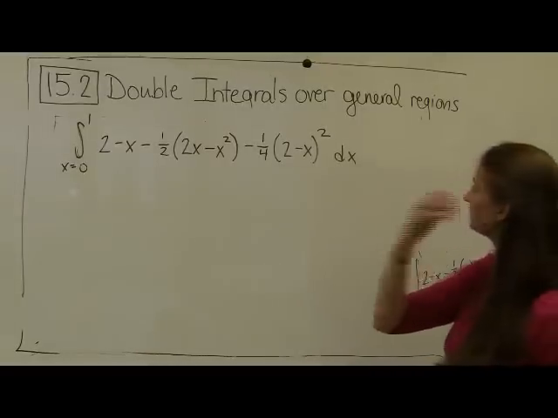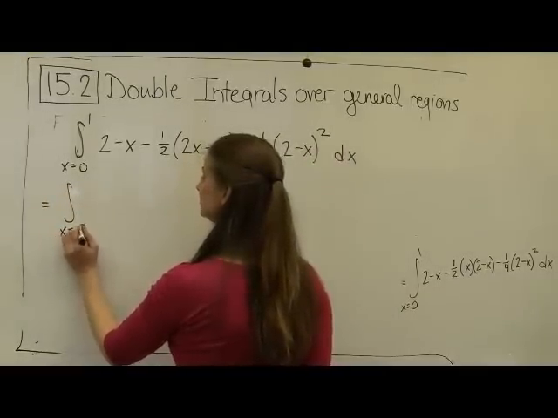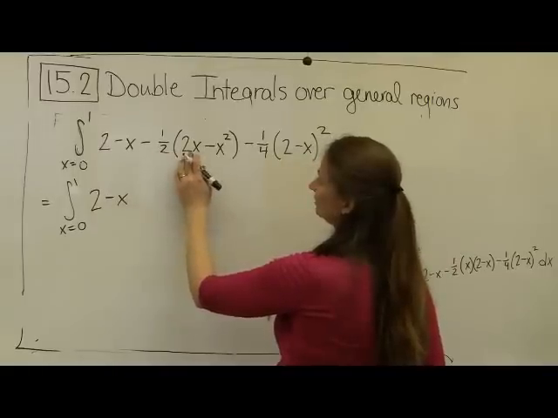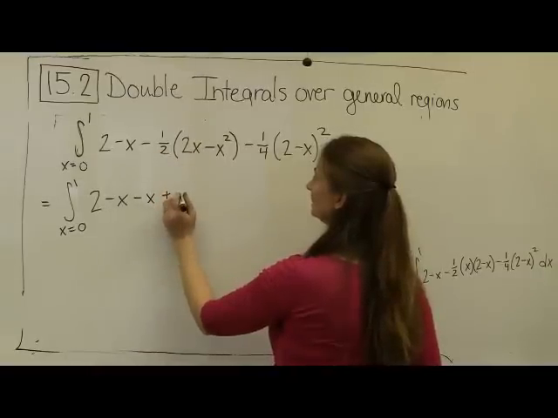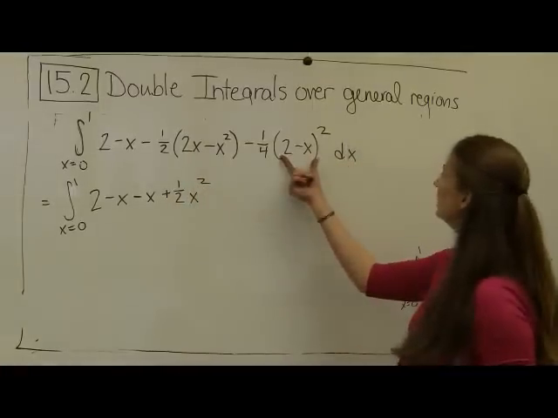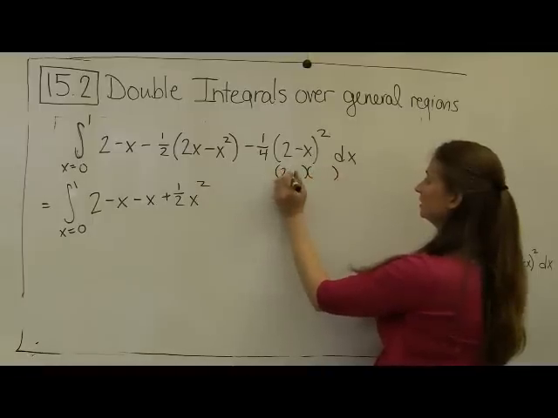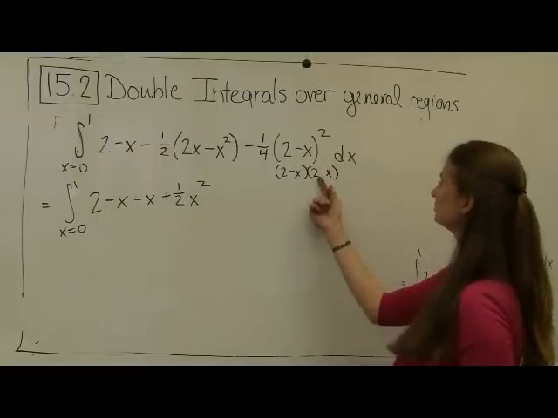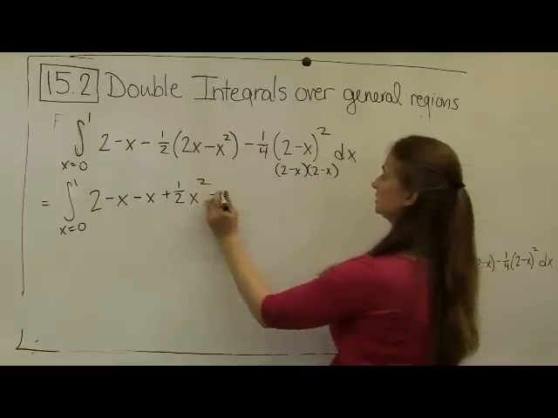In order to integrate this, I'm going to simplify it a little more. Again, this is just algebra. My x goes from 0 to 1. I have 2 minus x. Minus 1/2 times 2x becomes minus x. And this becomes plus 1/2 x squared. Now, I'm going to do a little bit of scratch work: 2 minus x times 2 minus x times 1/4. I end up with 2 times 2, which is 4, and I'll just do this step by step.